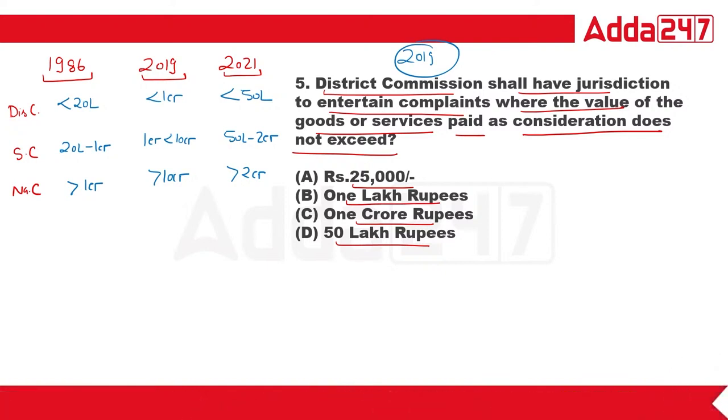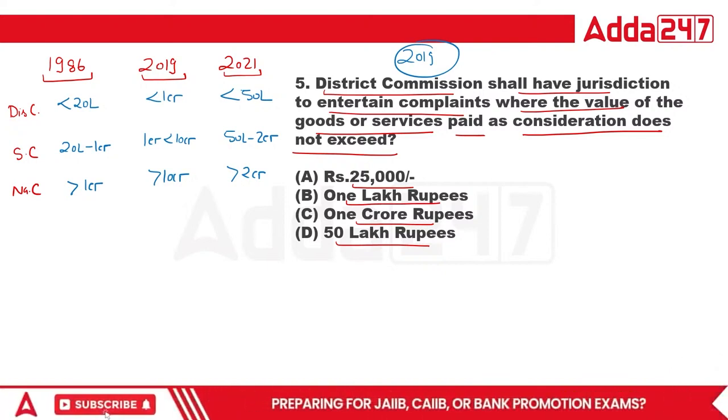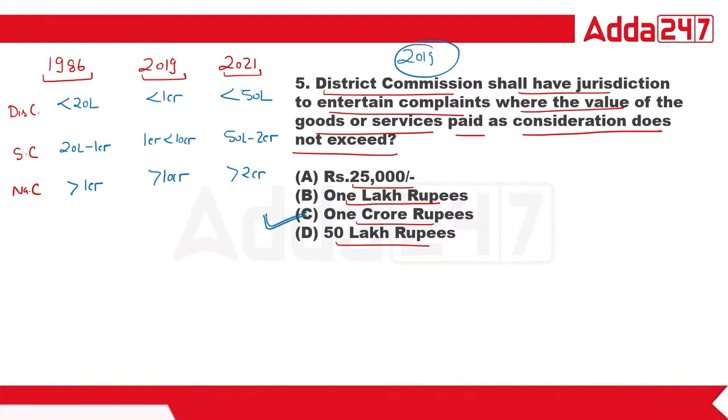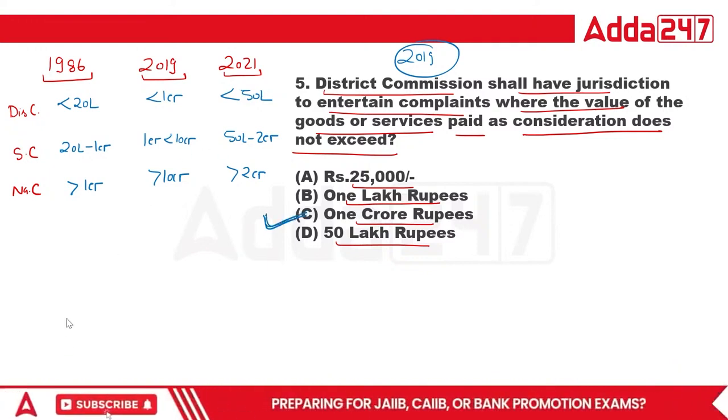The district commission has jurisdiction to entertain complaints where the value of the goods and services does not exceed 1 crore rupees according to this diagram. So it is better if you just learn this diagram.